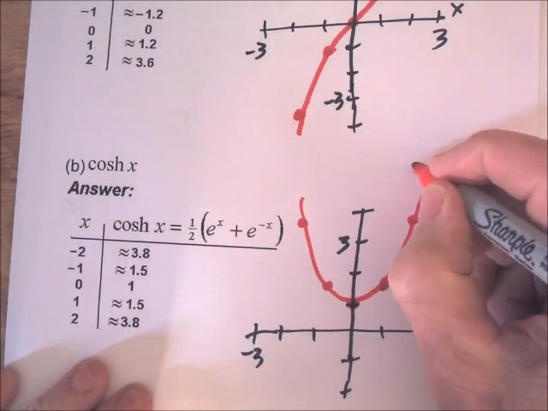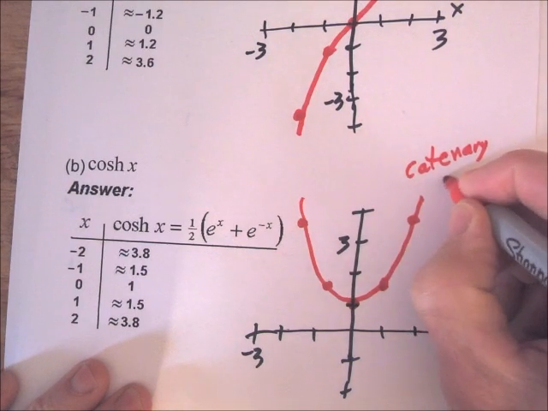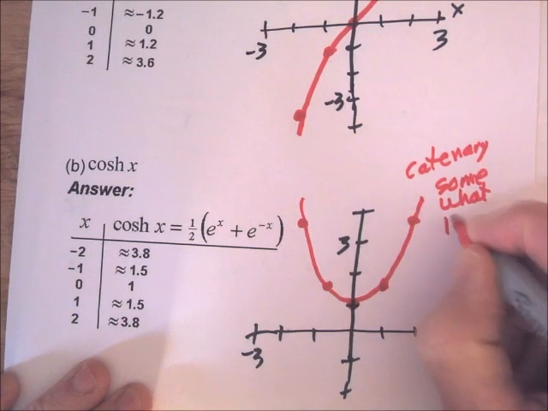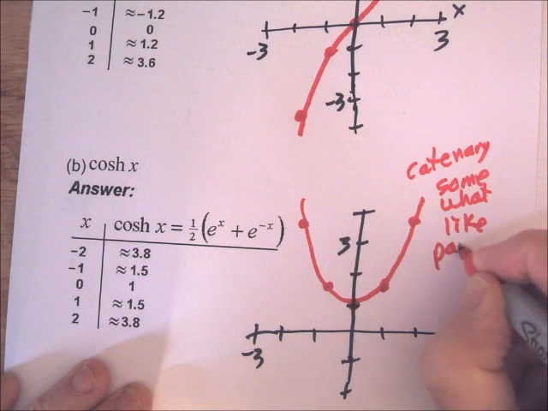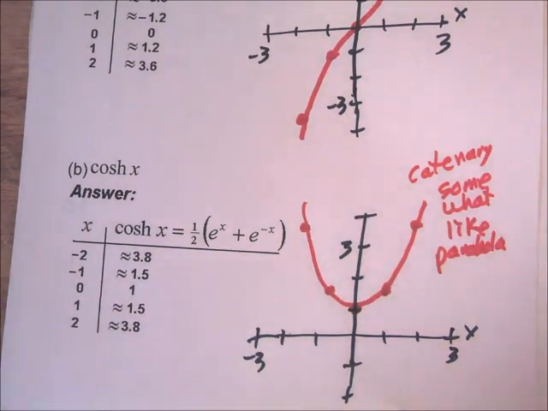This is sometimes called the catenary. The shape is a catenary. It's somewhat like a parabola, but not quite. It's subtly different from a parabola.